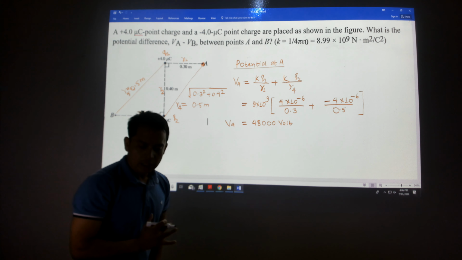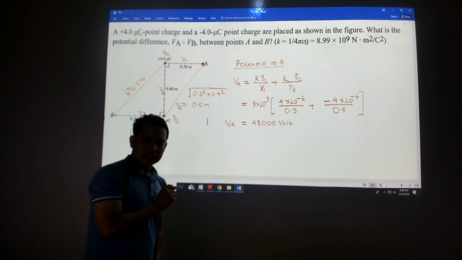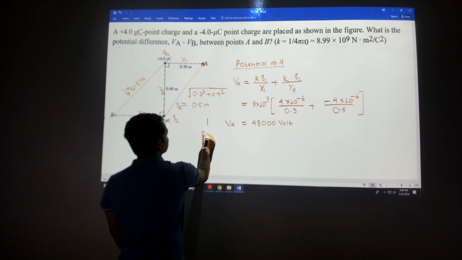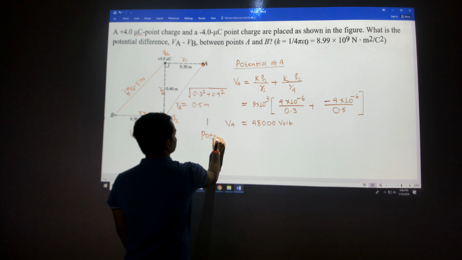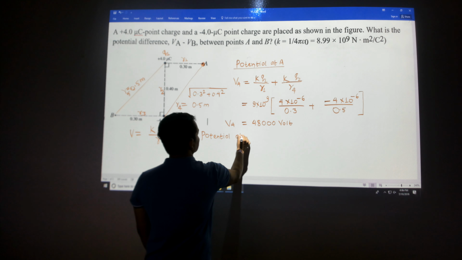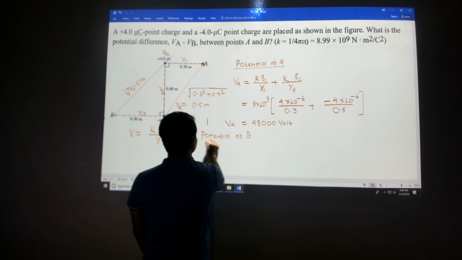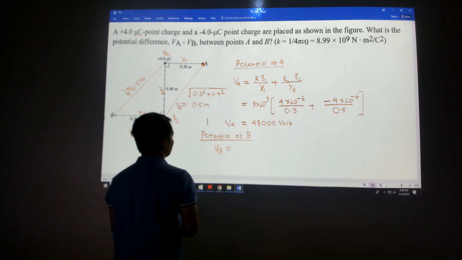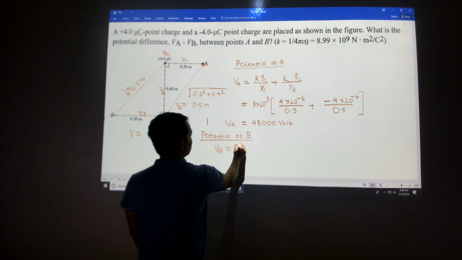The same way, we're going to calculate the potential at point B. We call it VB. How do we write now?